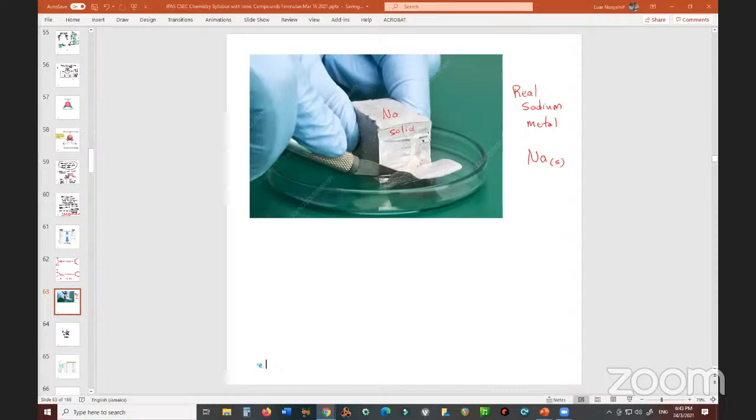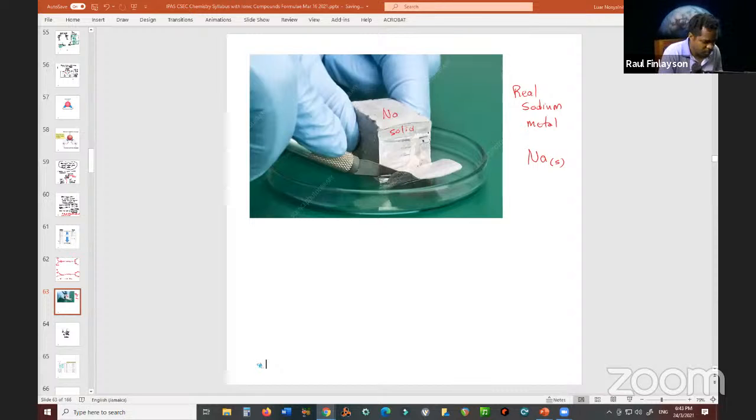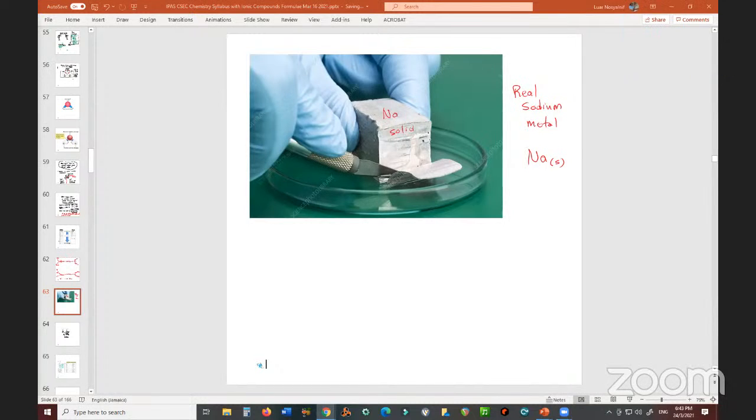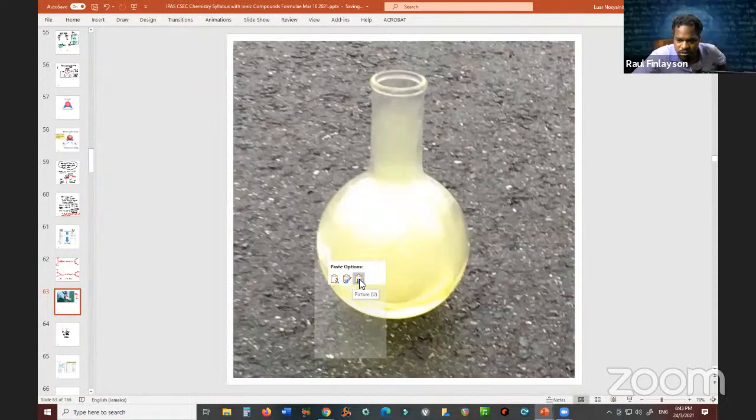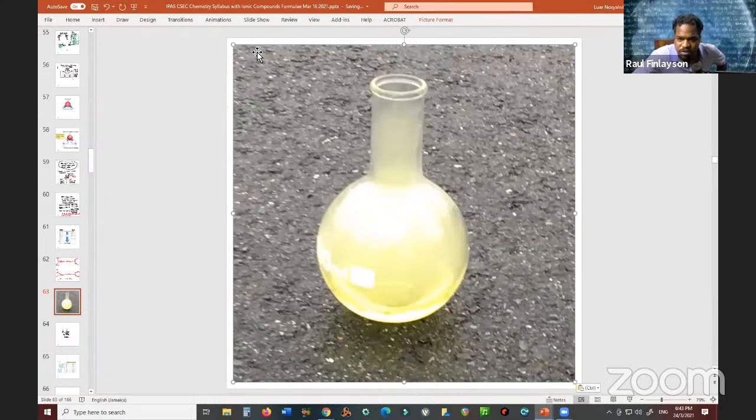No, sir. All right, let's look at chlorine gas now, so that if we did electrolysis, we could predict or at least know what was happening. Chlorine gas is a dangerous gas that they used as a weapon in World War I. This is what it looks like.